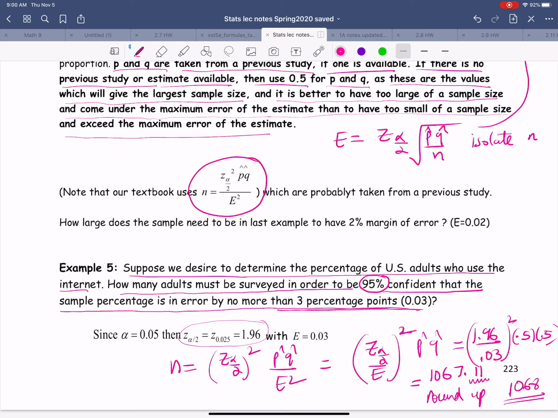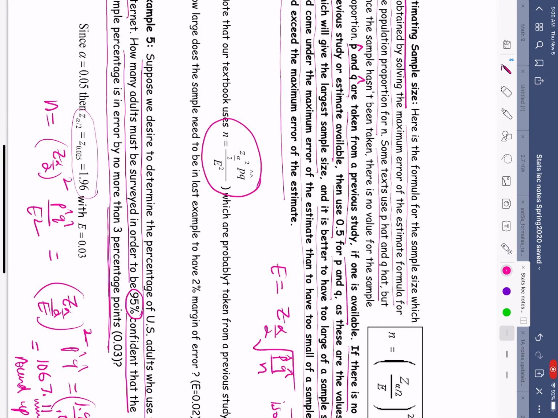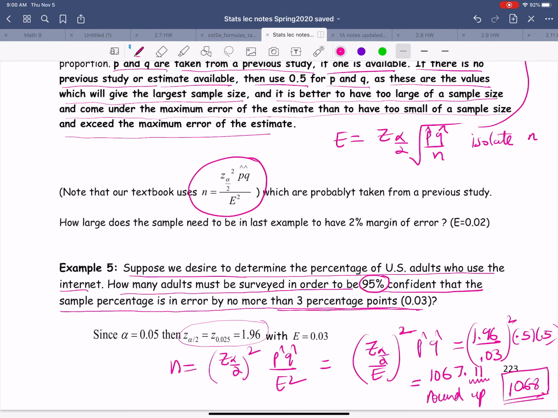But just to make sure that you fall under the margin of error, we want to get the largest possible sample. So always round up. We don't want to have a fraction of people. So 1,068 people is what I would survey if I want to be 95% confident and have a 3% margin of error.